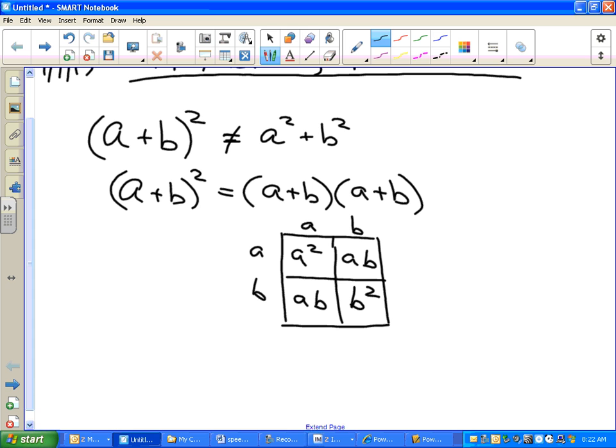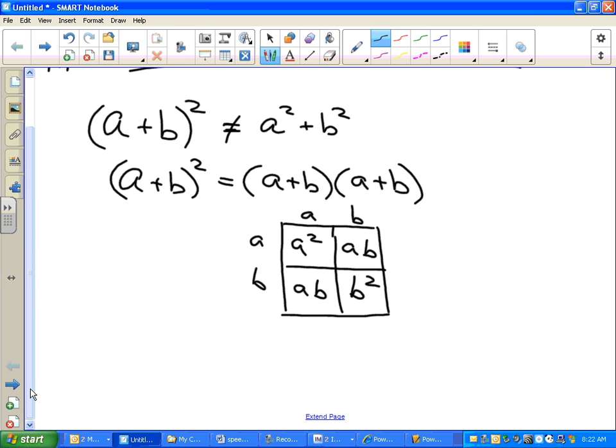All right, so when I unpack this and turn it back into a trinomial, I can combine these two together. Here I have one ab and then another one ab, so that makes a total of 2ab plus b squared.